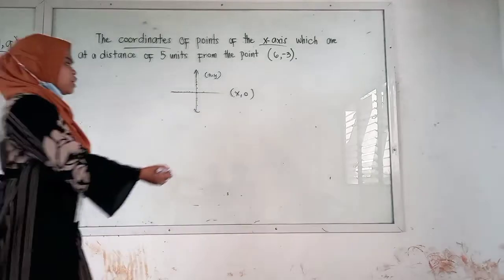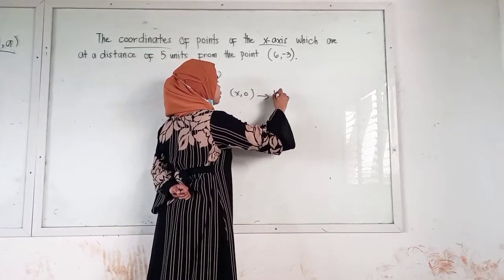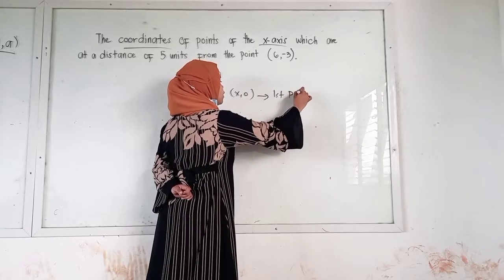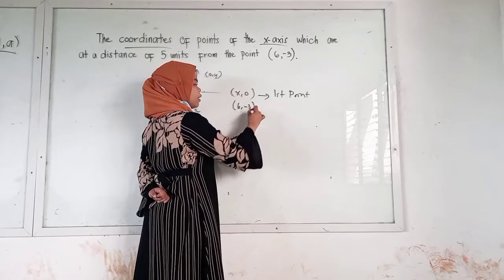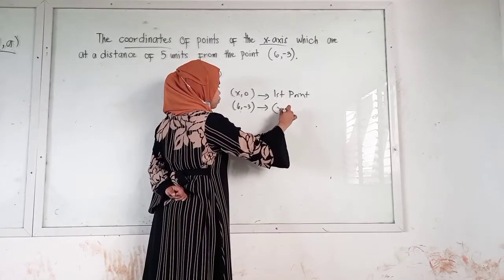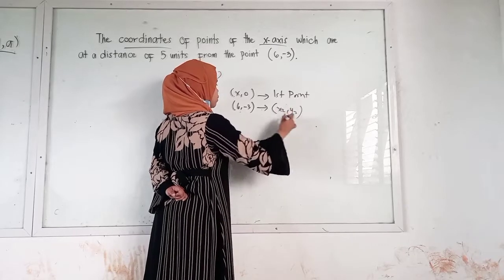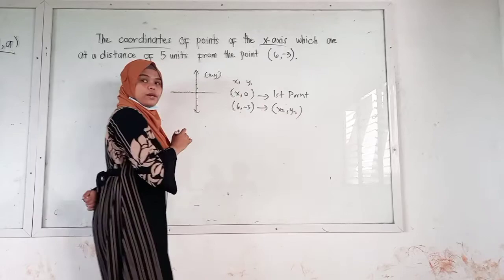So this is our first point. This can be considered as our first point. Then our second point is 6 and negative 3, which implies that this is x sub 2 and y sub 2. This is my x sub 1, and this is my y sub 1.